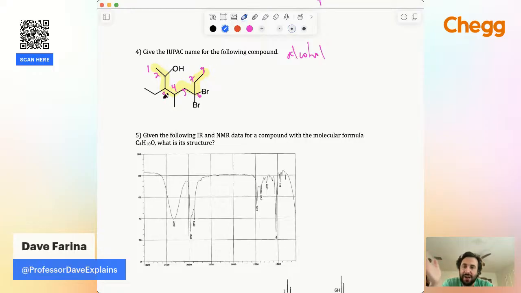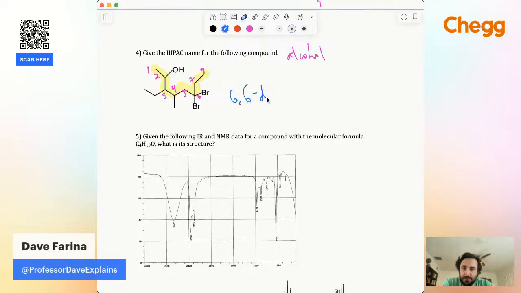So we've got the parent chain. We've got the numbering scheme. Now we have to list the substituents. We have 2 bromo groups on carbon 6. So we have 6,6-dibromo. Remember, it's 2 bromos, so we include the prefix di. The di is not included in alphabetizing, but these are the only substituents right now, so it doesn't matter.